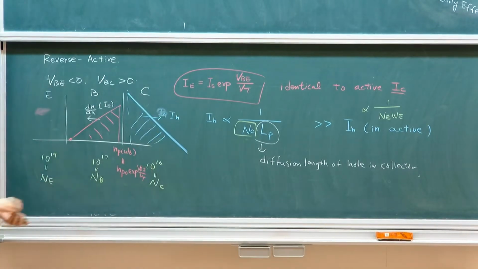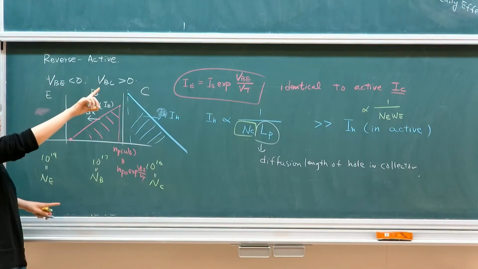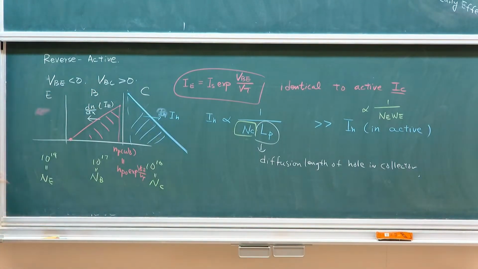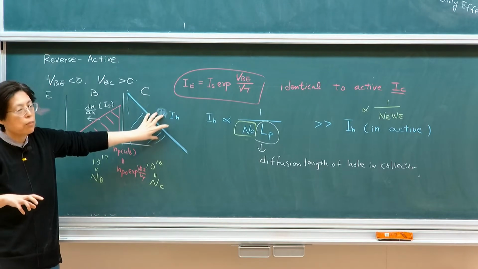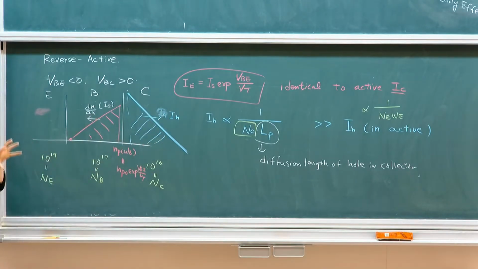Typically, if you look at this, what is beta? If you think about when I talked about saturation, beta is a portion of the red part against the green part, the blue part. In forward active operation, remember I have a large red part, which creates a large collector electron current.